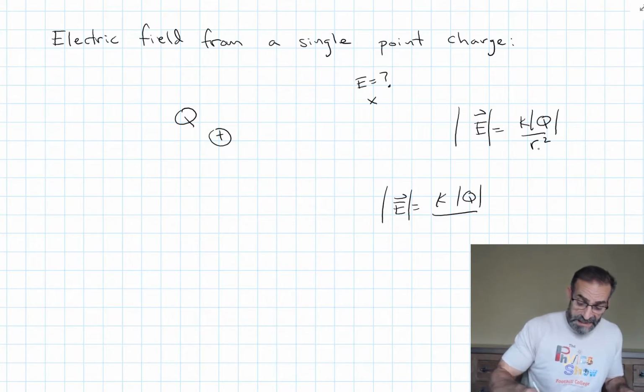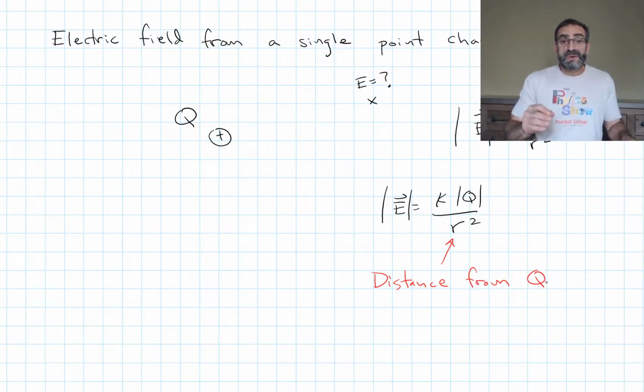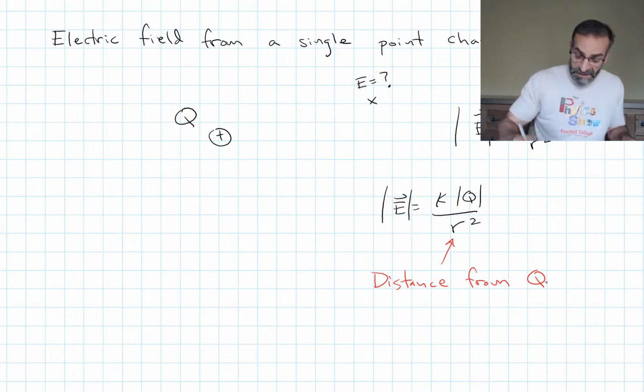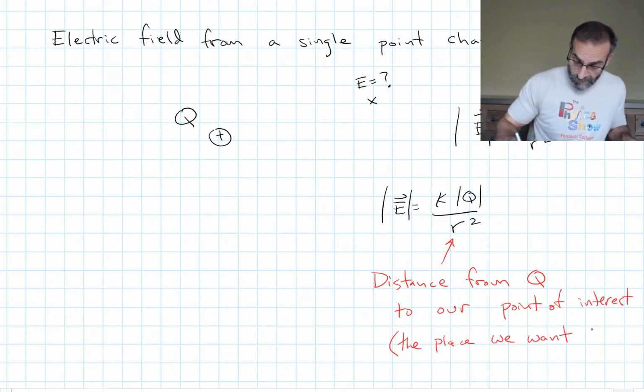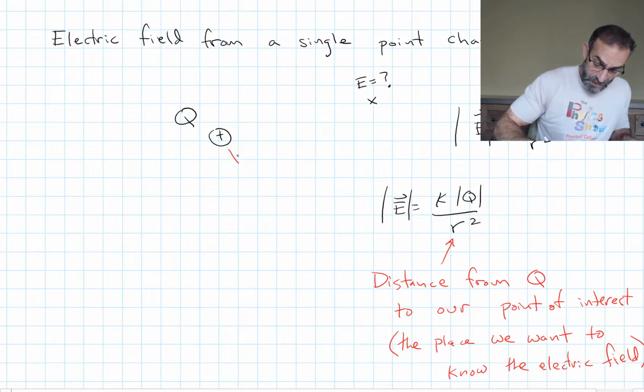It's the distance from our point charge to our point of interest, the place where we want to know what the electric field is. So that would be this distance right here.